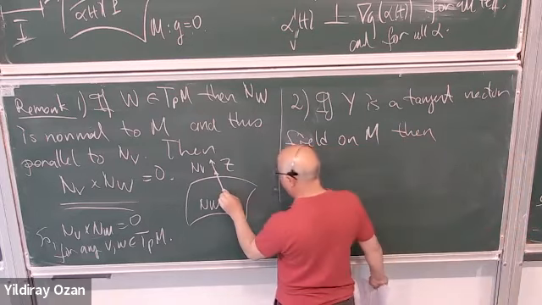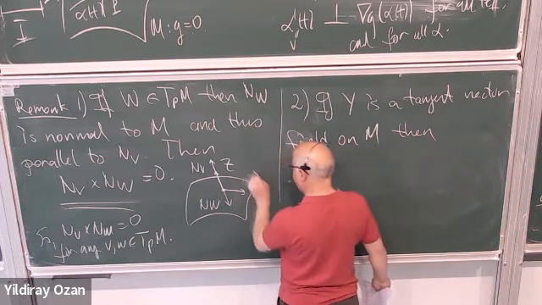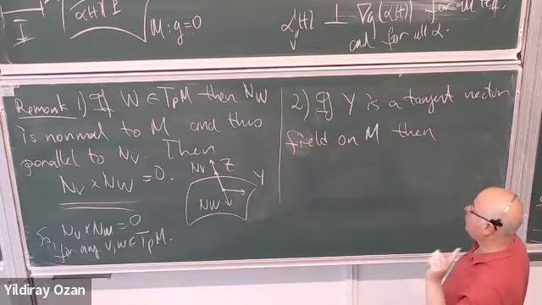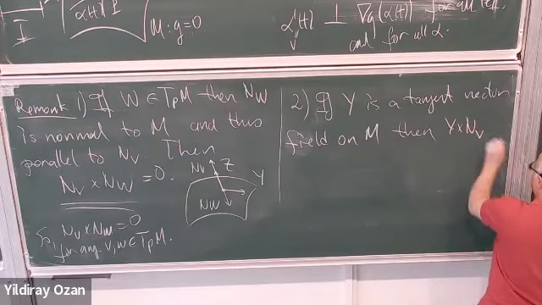So Y is a tangent vector field. Y cross NV, then Y cross NV, right?